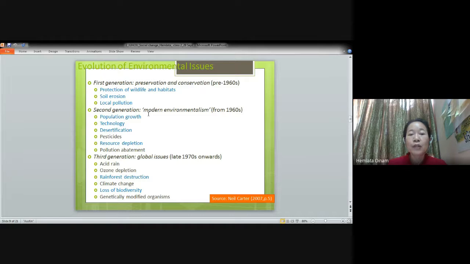Technological development led to desertification issues or use of pesticides and how it has affected the life and living of people, resource depletion, or pollution abatement. These are all major problems and issues which were already discussed starting from the 1960s and before the 1970s, and this phase is considered the second generation modern environmentalism, or second generation way of looking at environmental issues.